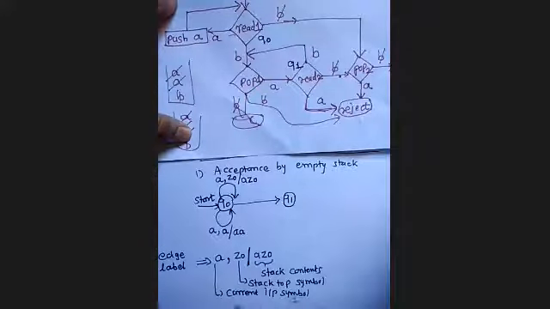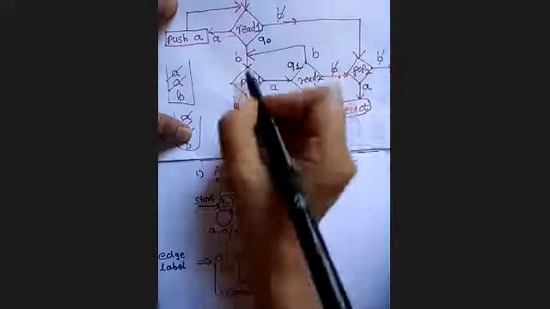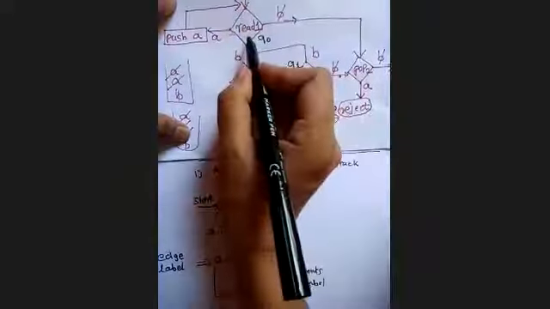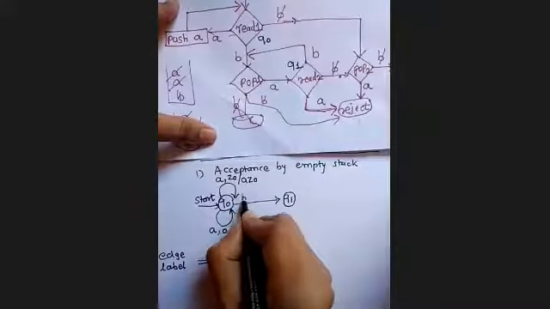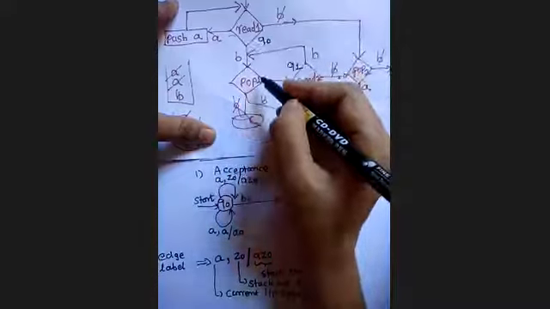What do you need? Input symbol, at that time the stack top symbol, slash, and what is the action done? When do we go from Q0 to Q1? Whenever we are in the read one state and the current input symbol is B, comma. What should be on the top of the stack at that time?